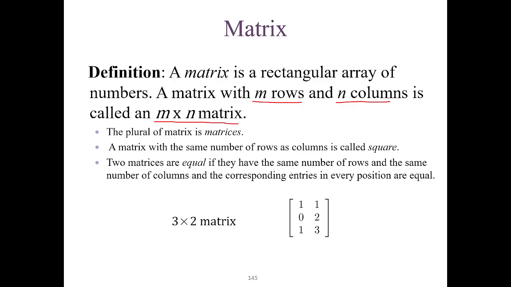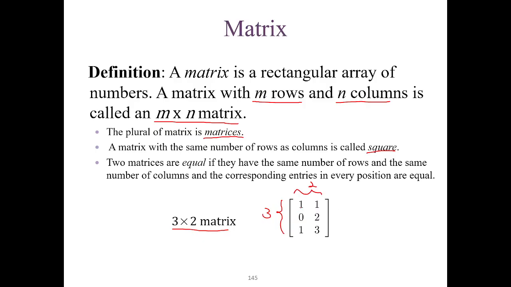You will see the plural of matrix a lot: matrices. If n equals m, then we call that a square matrix. In this case, we have a 3 by 2 matrix because we have 3 rows and 2 columns. So it's a 3 by 2 matrix.